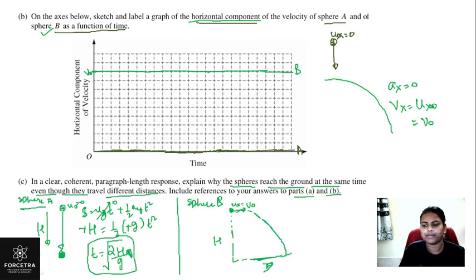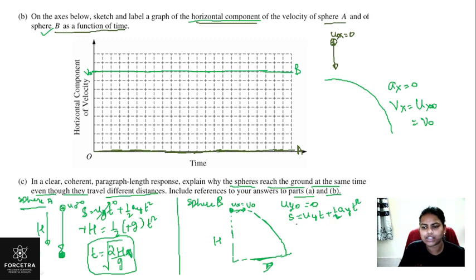So the initial y direction velocity is equal to 0 in this case. So I am applying the second kinematic equation in the y direction: s is equal to uy into t plus half ay into t square.